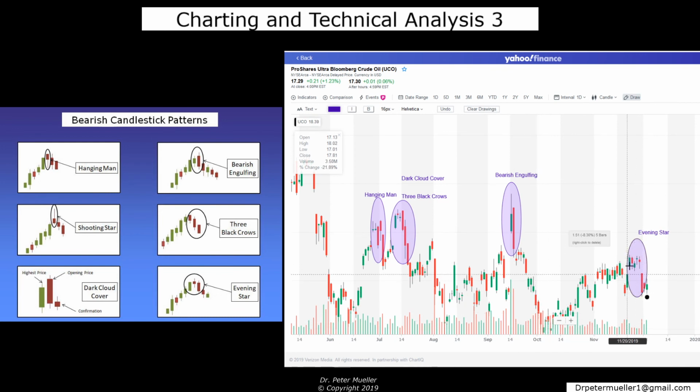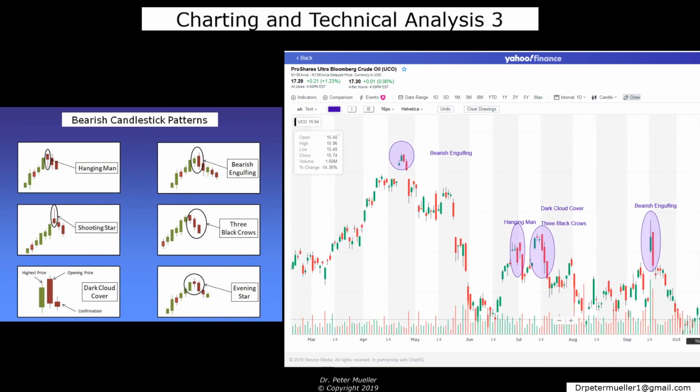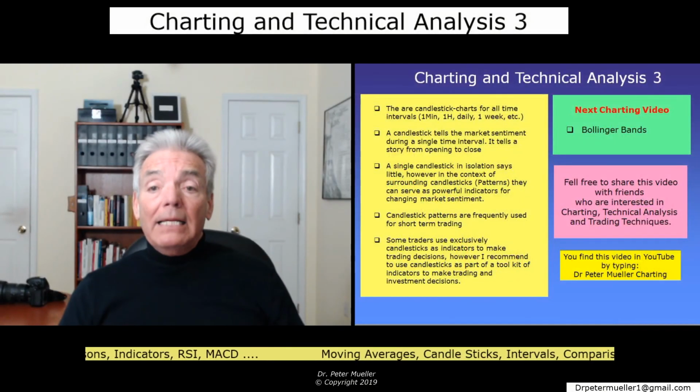And here we have a kind of a mini formation, very little, where we see an evening star, where we have the green, red, red formation. As you can see, when you compare it to the right hand side, this is an evening star formation. So we have seen 6 bullish and 6 bearish patterns, and we have seen in real-time charts how they actually look.